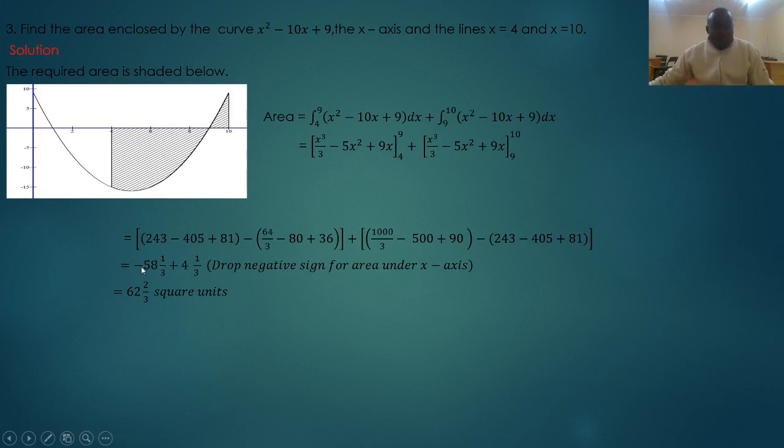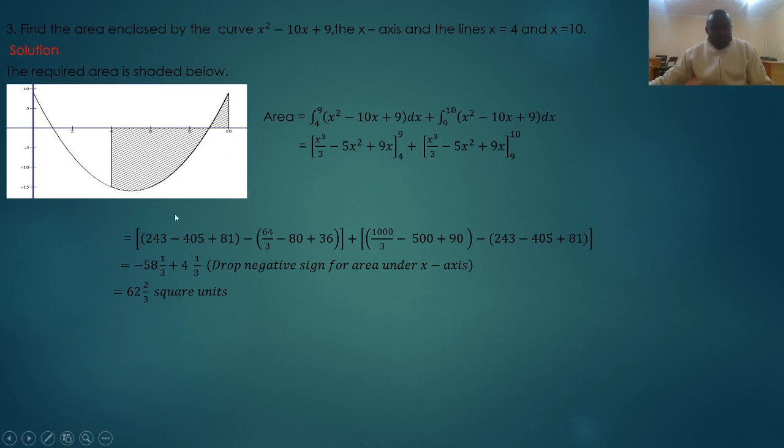So if you make such a mistake, you get the wrong answer. What you do is drop the negative so that you add the two directly, because the negative shows you the direction. Like this one, the negative shows you that it's below the x-axis. And this one, because it's above the x-axis, does not have the negative. It is 4 and a third.